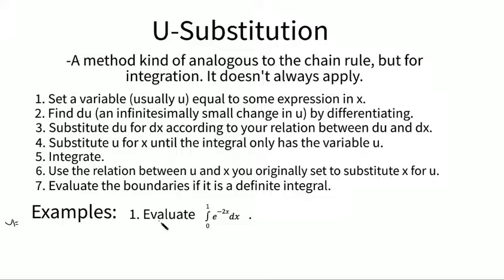We want to set it so that this whole thing becomes easier. You might be able to eyeball it right now, but I'm starting with an easier one. So why don't we set u equal to negative 2x, so this just turns into e to the u.